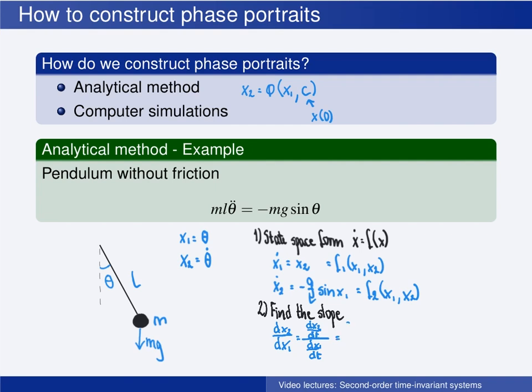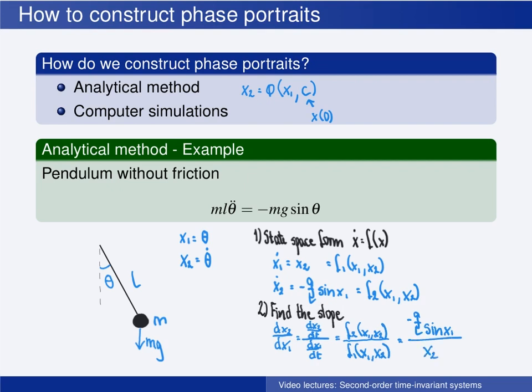And this from the equations is f2 of x1, x2 divided by f1 of x1 and x2, which in this case here is minus g over L times sine x1 divided by x2.